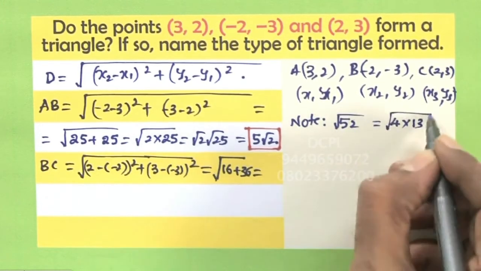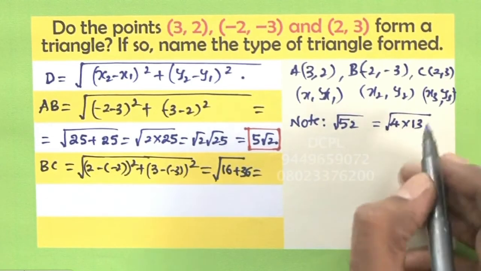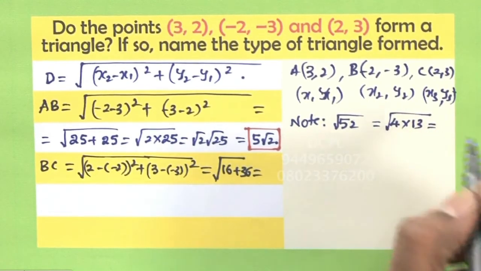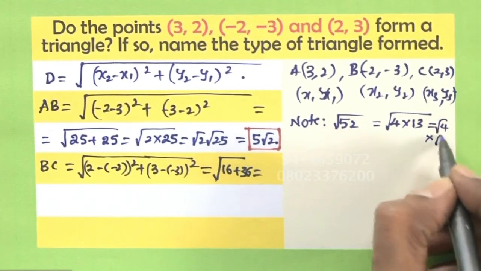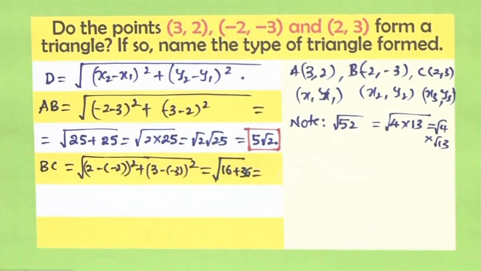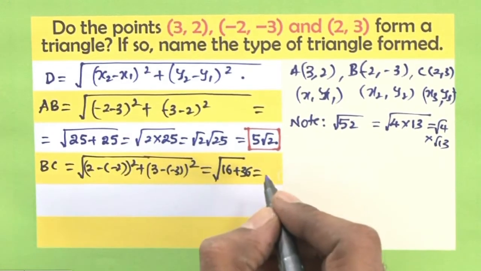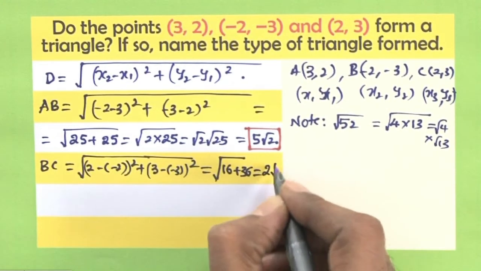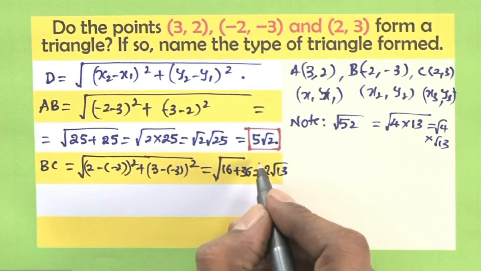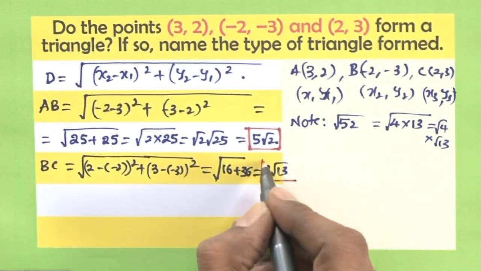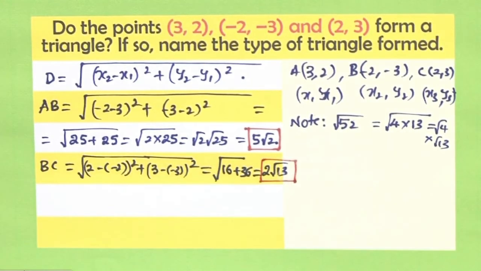Is that correct? So you can write it as root 4 into root 13. What is root of 4 into root of 13? It is 2 root 13. Is that correct? 2 root 13.